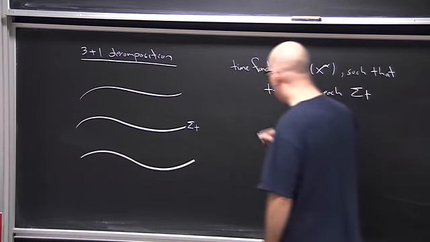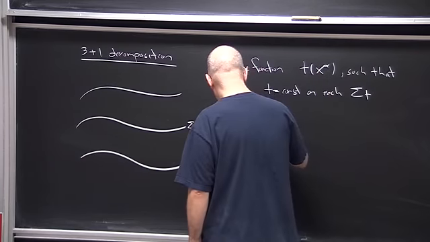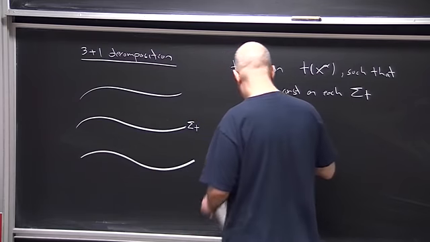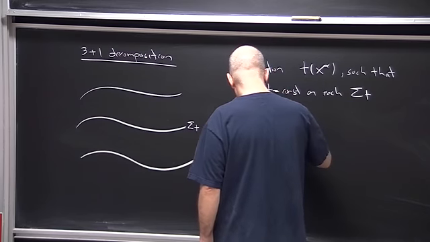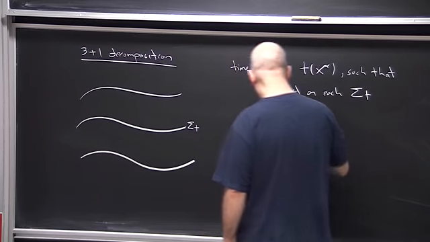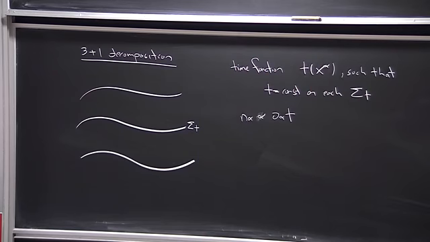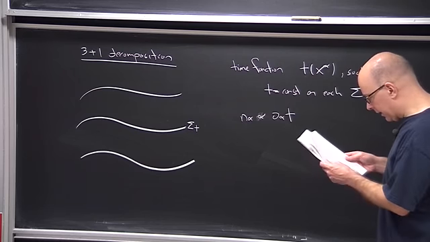Okay, the normal to each hypersurface is, up to a normalization, proportional to the gradient of that time function with respect to the space-time coordinates. So that's something we're used to.